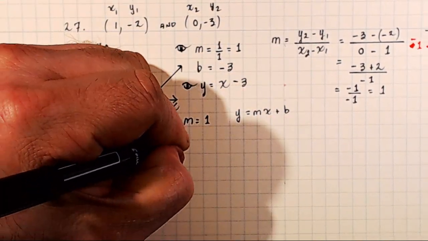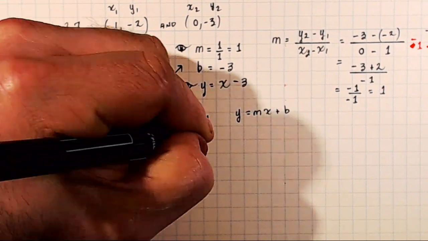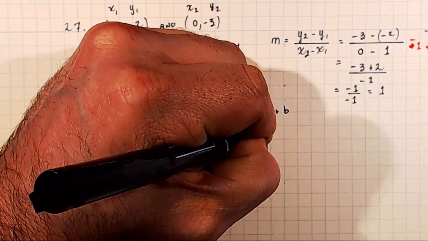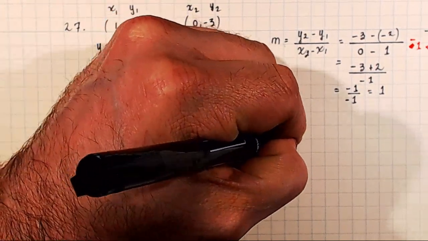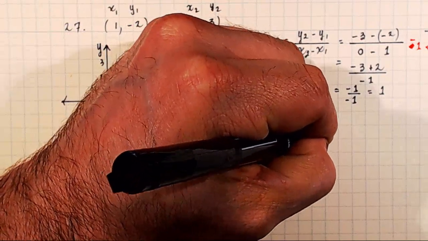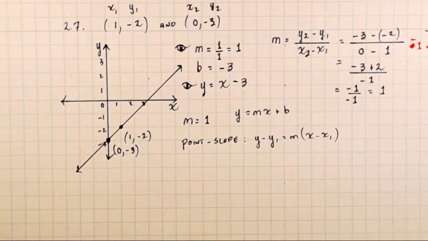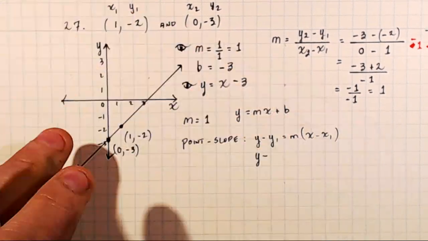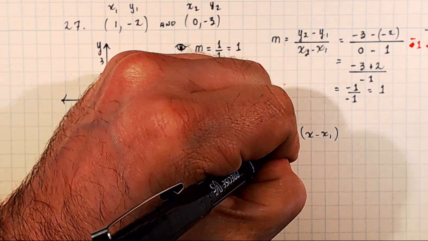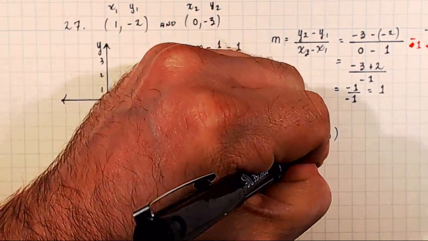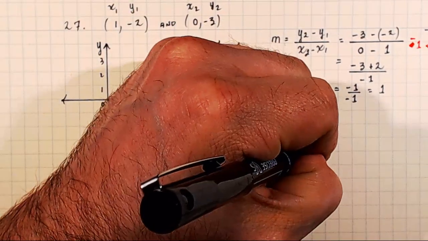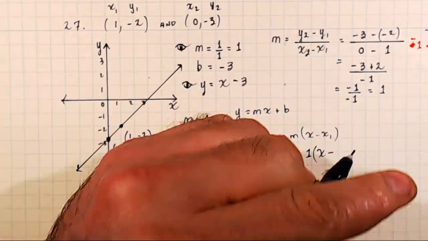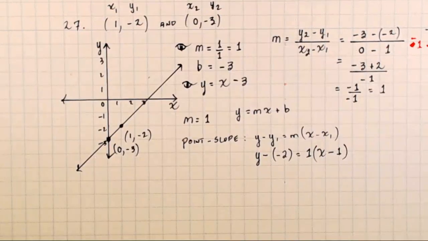We have the point slope formula. Point slope is y minus y1 equals m, open paren, x minus x1, close paren. So we have y minus y1, which is -2, equals m, which is 1, open paren, x minus x1, which is 1, close paren.